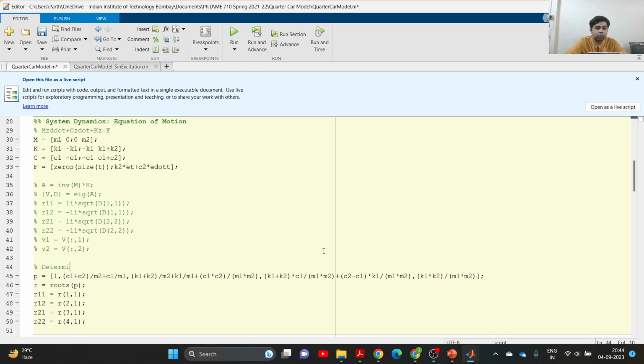So it is basically the determinant of lambda square m plus lambda c plus k equal to 0.